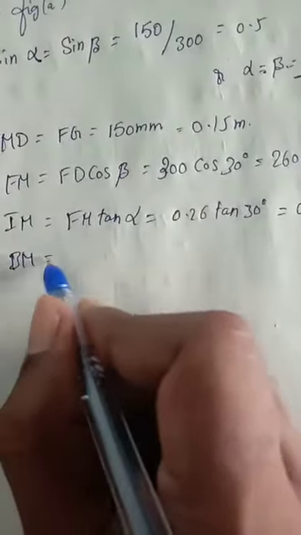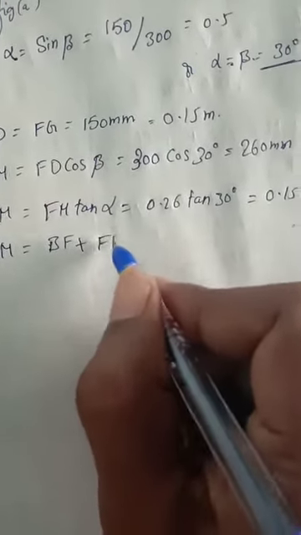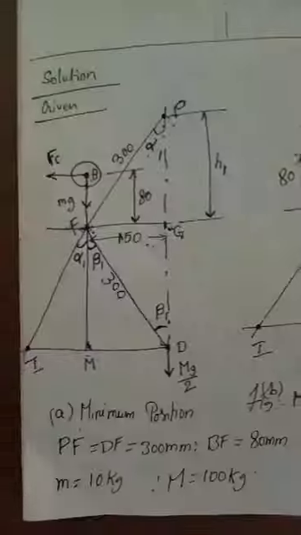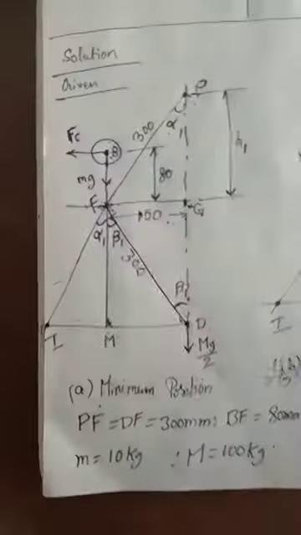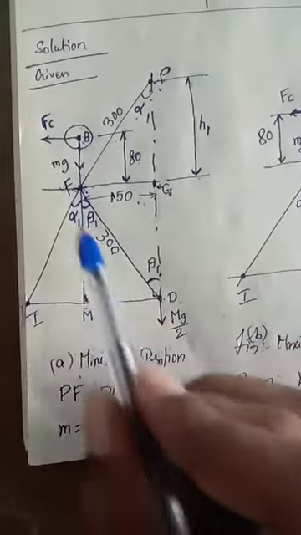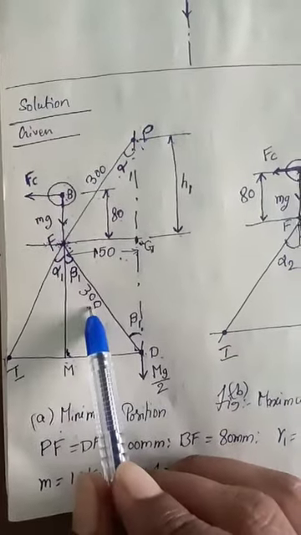And now BM, that is equal to BF plus FM. These all values are coming from here. So look at this, I find the unknowns. First FM. We know the angle and we know the distance, so FM is equal to FD cos beta.